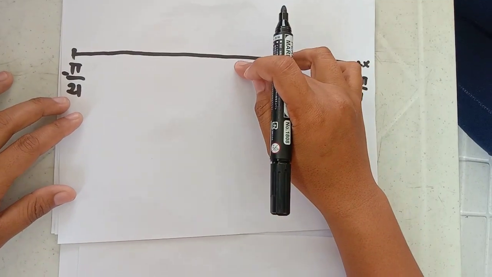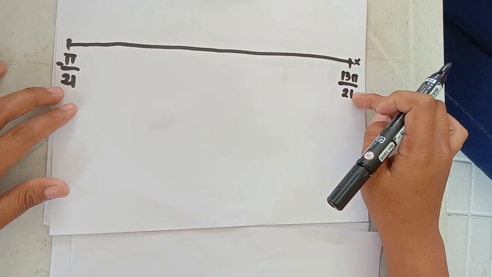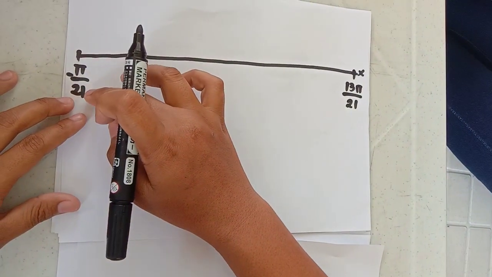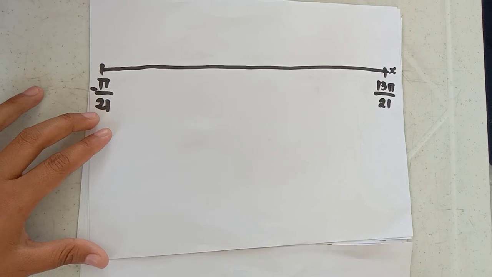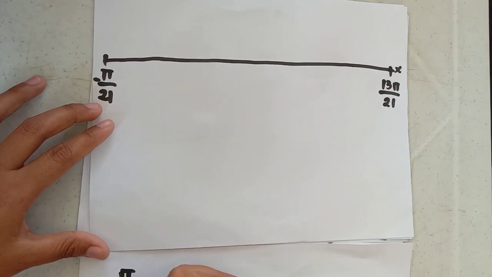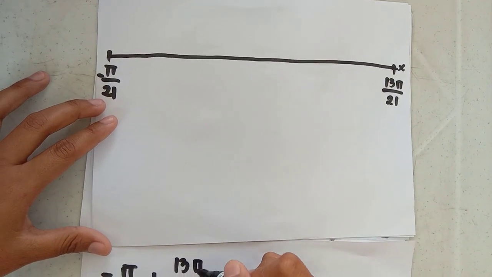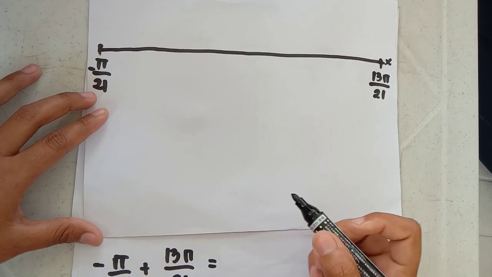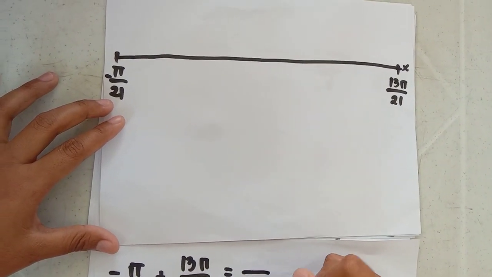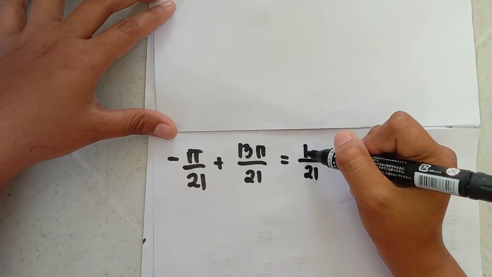To get the midpoint, we need to add the phase shift and the endpoint: negative pi over 21 plus 13 pi over 21. So copy the denominator, which is 21, then negative pi plus 13 pi equals 12 pi.